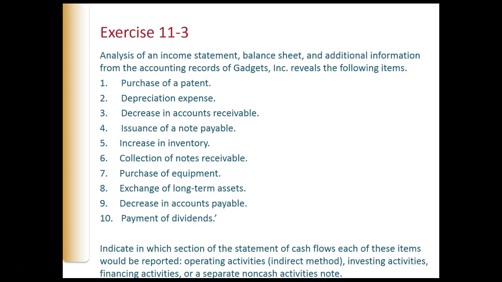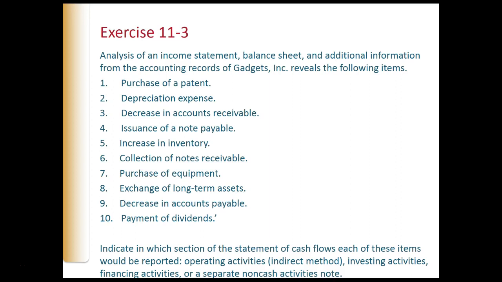Let's take a look at exercise 11.3. Analysis of an income statement, balance sheet, and additional information from the accounting records of Gadgets, Inc. reveals the following items: purchase of a patent, depreciation expense, decrease in accounts receivable, issuance of a notes payable, increase in inventory, collection of notes receivable, purchase of equipment, exchange of long-term assets, decrease in accounts payable, and payment of dividends.